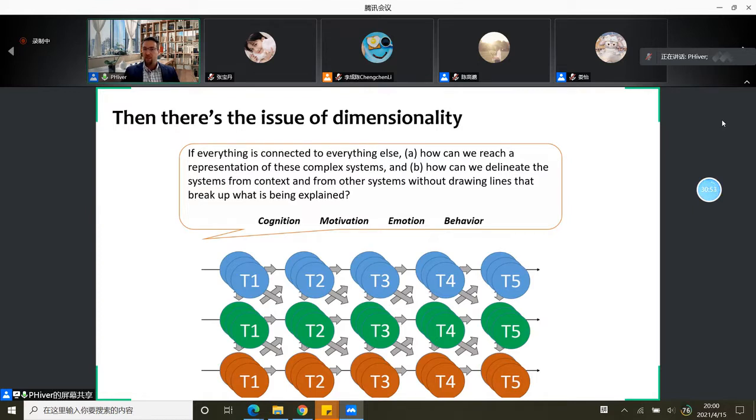If everything's connected to everything else, how can we study anything? So this is a larger problem, and maybe we can circle back to it later in the talk. But for now, the short answer is that, once again, form follows function. Any parts, any processes, any boundaries that are part of the research design depend on what you want to know and what is being explained.